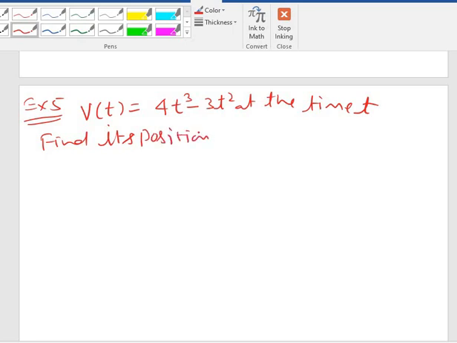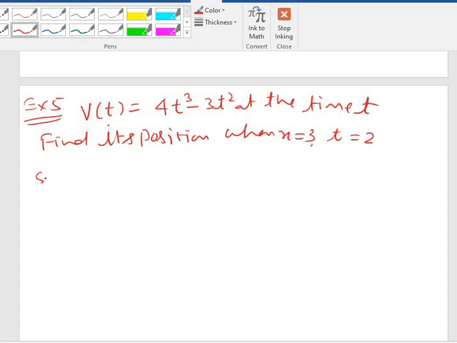Find its position when x is equal to 3 initially and t is equal to 2. So what does that mean?